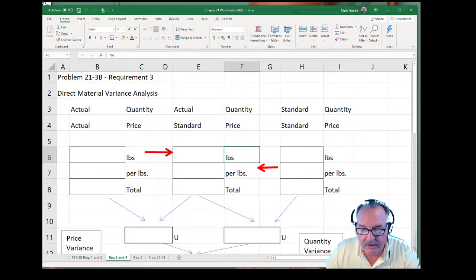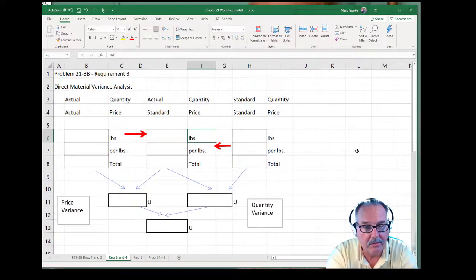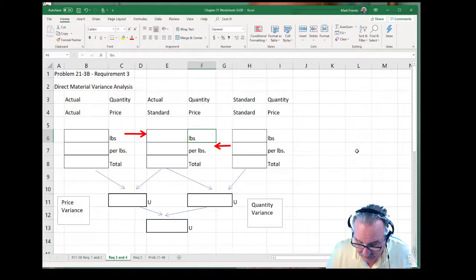Direct materials and direct labor. This is based on a standard price, and the standard that they've given us is 4.5 pounds at $6 per pound.